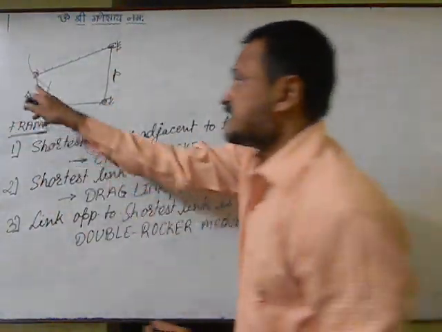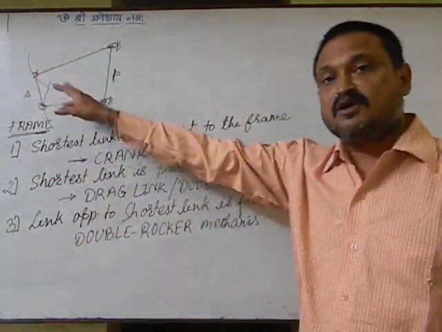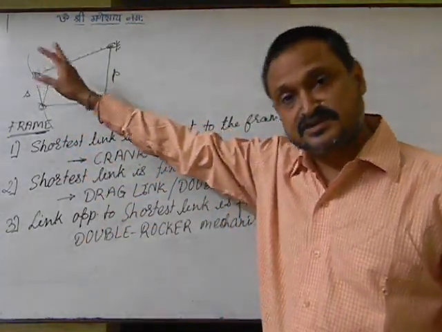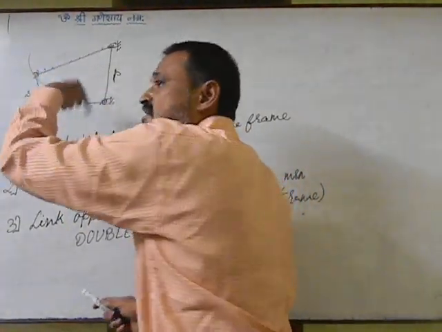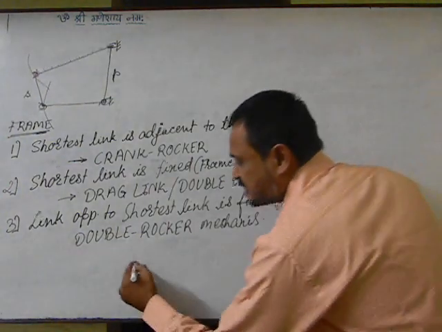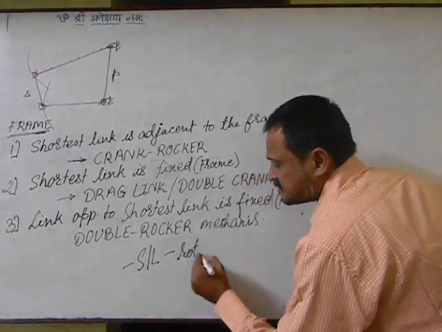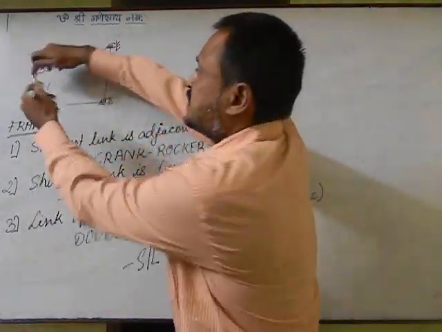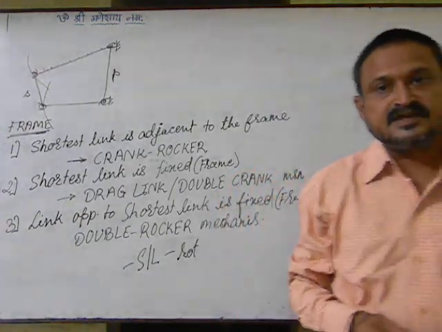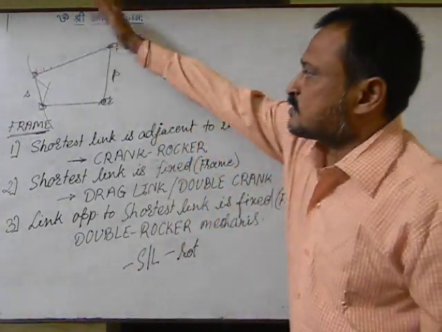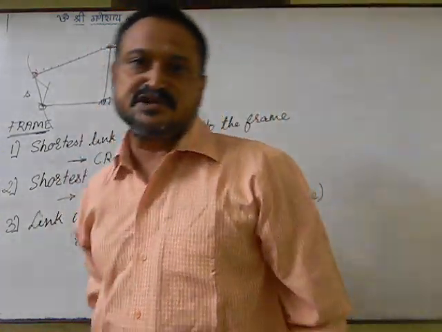But here, if we go for the various configurations of the chain, the shortest link will have a continuous revolution, it will rotate, but these two will be rocking.